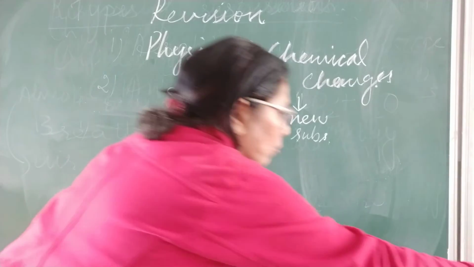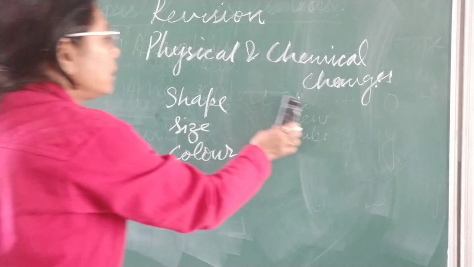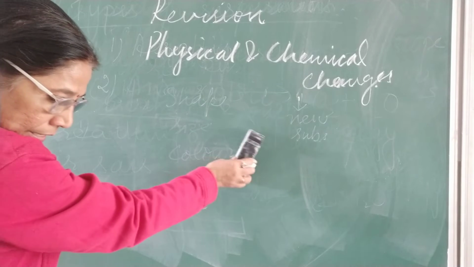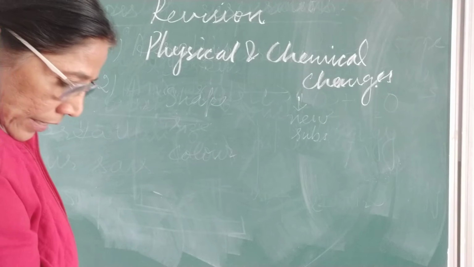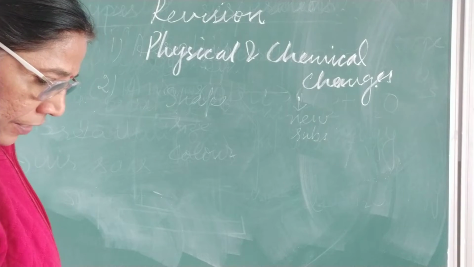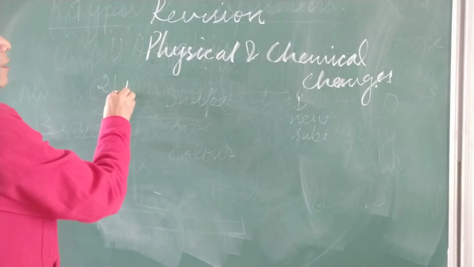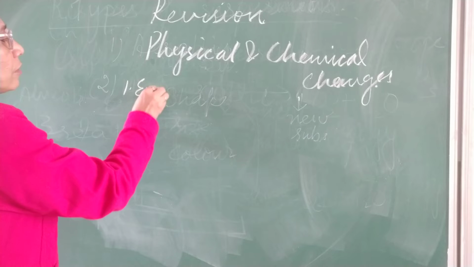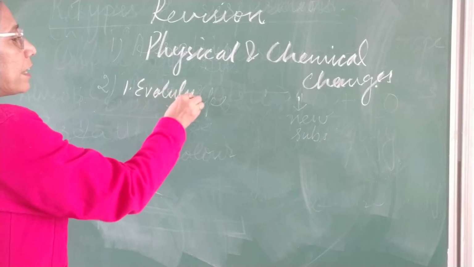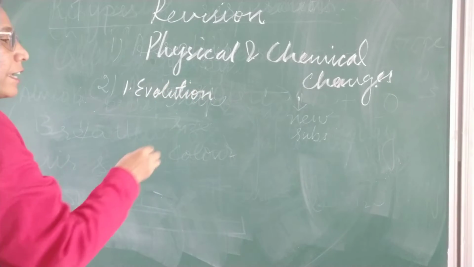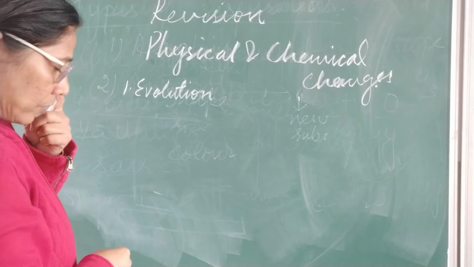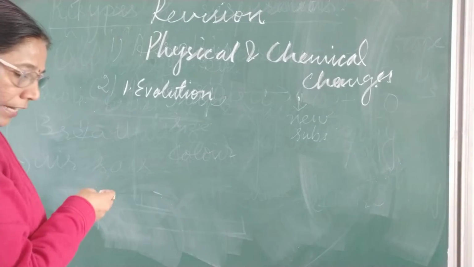Now children, we are going to discuss the characteristics of chemical changes. First is evolution of gas. In some chemical reactions, gases evolve like hydrogen, oxygen and carbon dioxide.